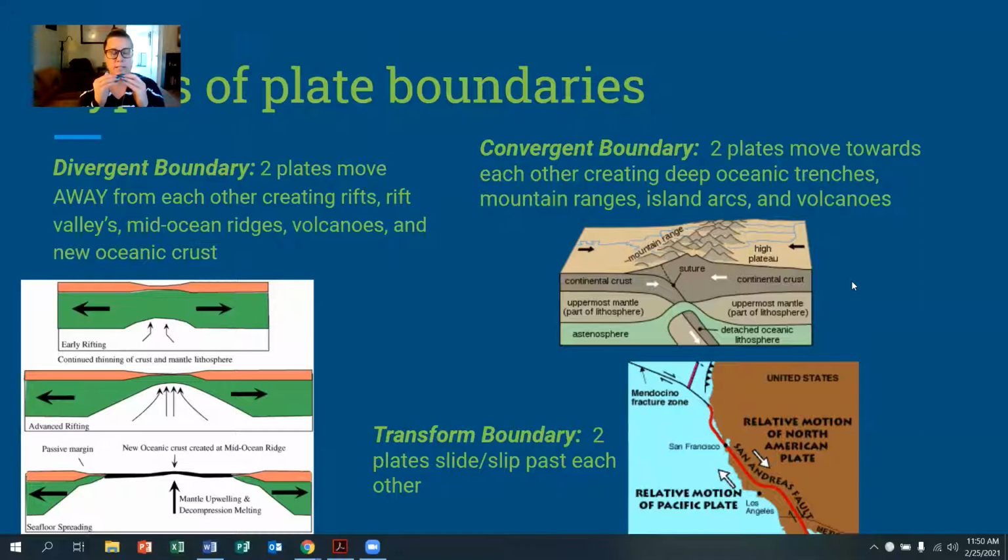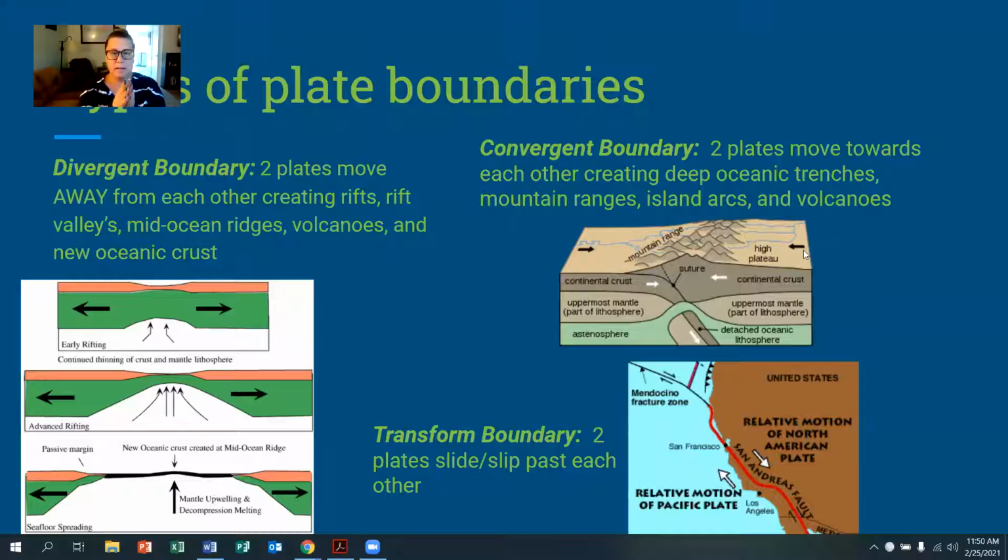When the two continental crusts come together, they have the same density. So when they're pushing together, they're competing, and they end up pushing up and creating what I have here, a mountain range, okay? So that rock is being pushed up and creating a mountain range.